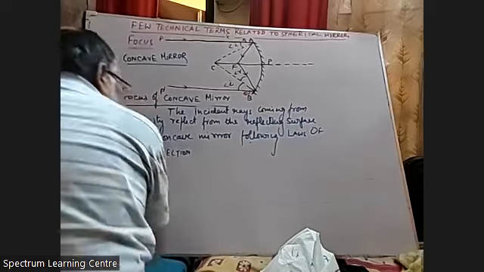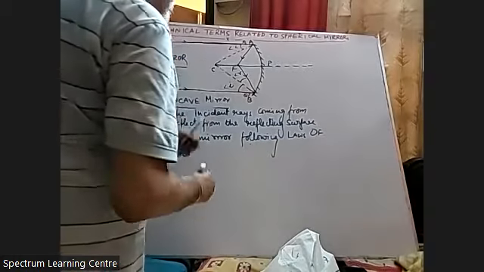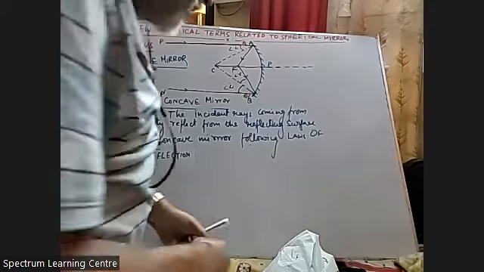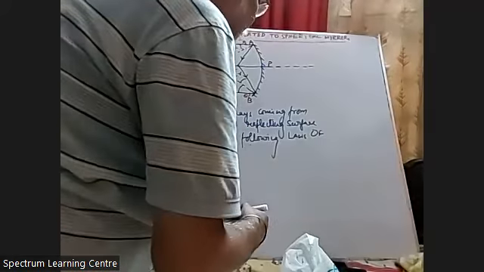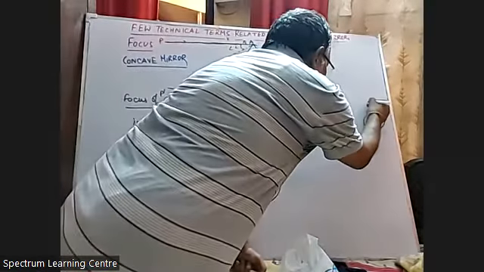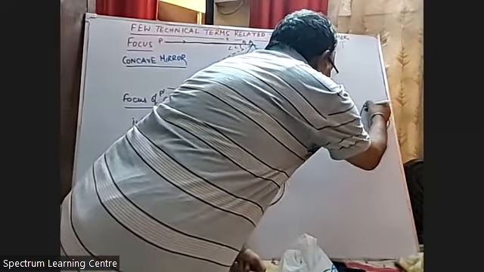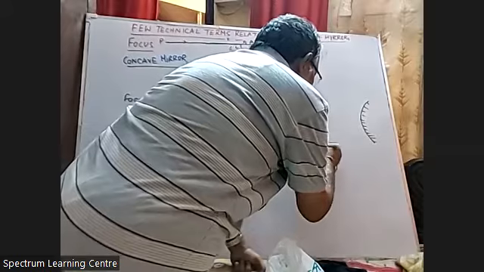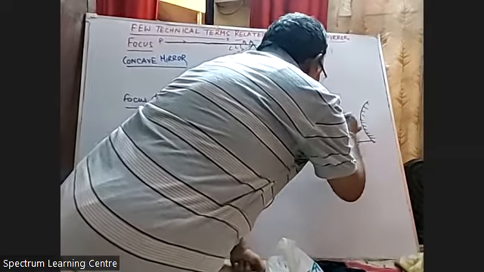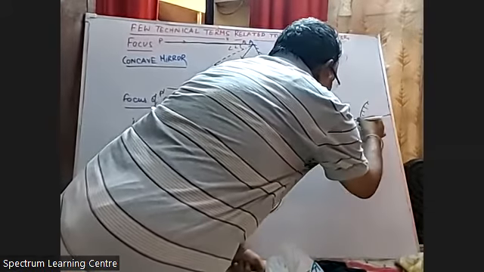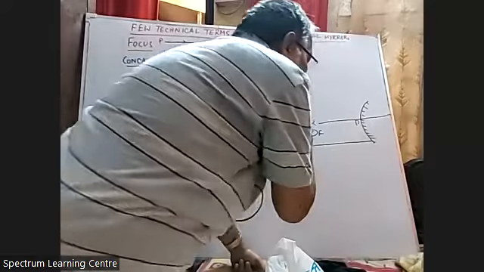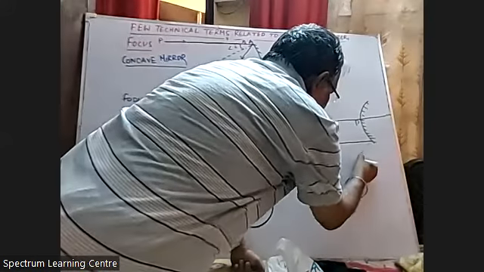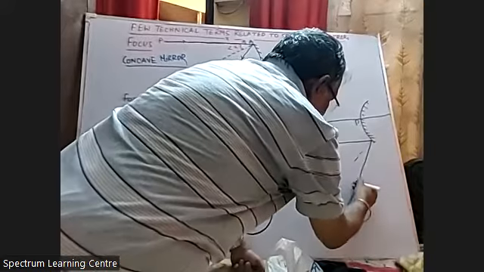Now see, it is actually meeting. I will draw once more about the convex mirror, but let's take what happens in a convex mirror. A convex mirror is something like this. This is the pole and this is the principal axis. I am drawing it roughly. Right? Now, if this is the normal, it will diverge the rays.